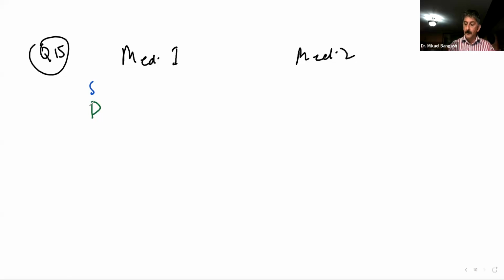So medium 1 has a density of 9 and a stiffness of 6, whereas medium 2 has a density of 8 and a stiffness of 6. And then they may just ask which of these media has the lowest speed.